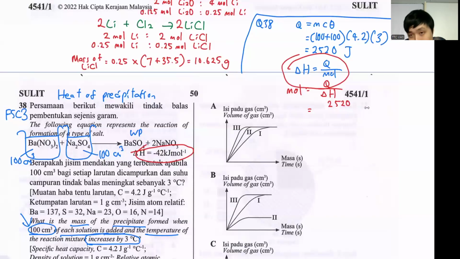I can use this formula to get the number of moles because I got delta H, and I calculated Q just now. So I use 2520 divided by, don't forget, 42 kilo means 42000.